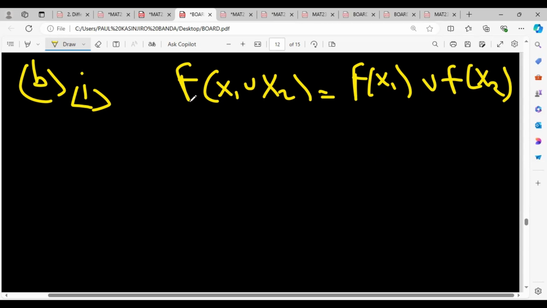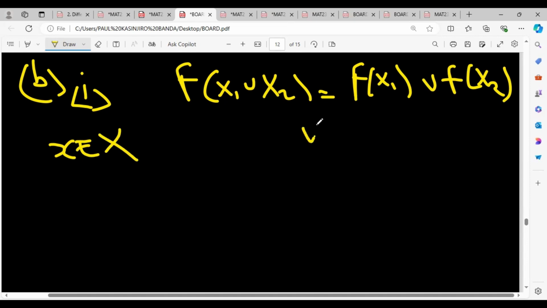For me to have F of X, it means there's a set X where I'm getting my X's. When we say F of X, I have this set X where I'm getting my X1, X2.